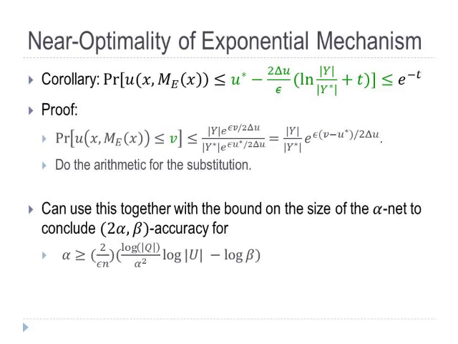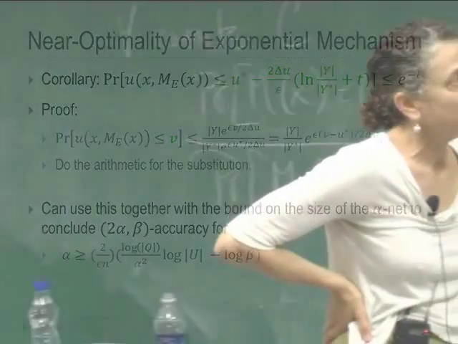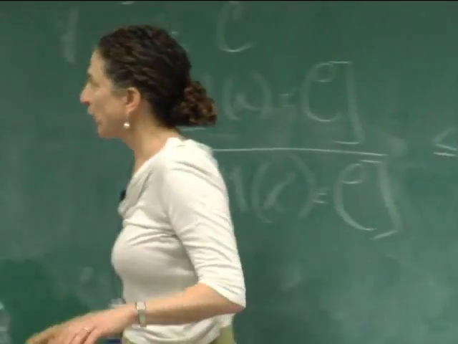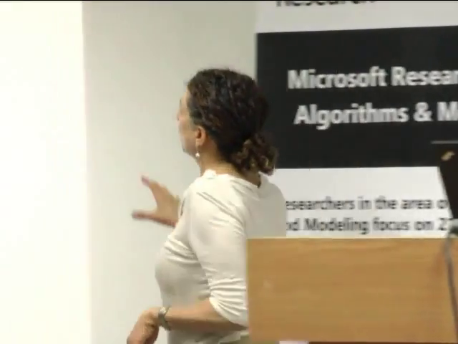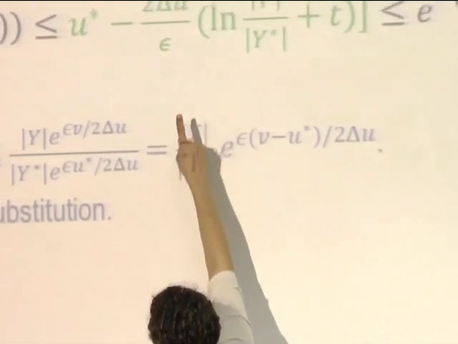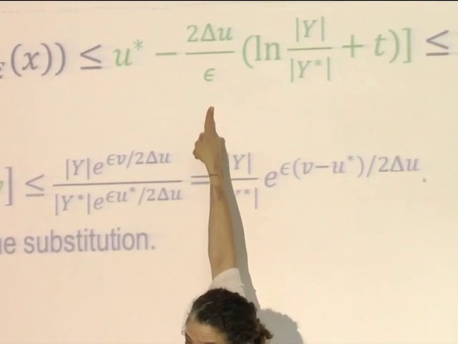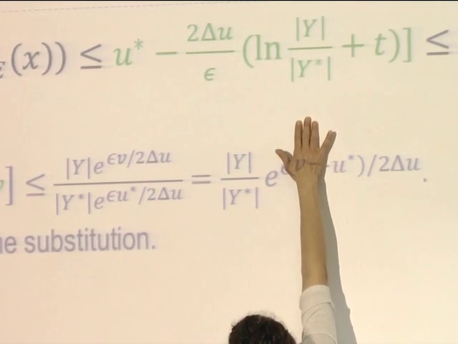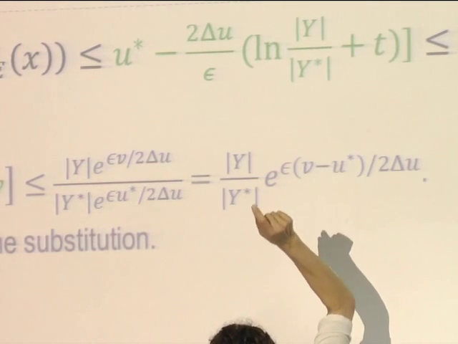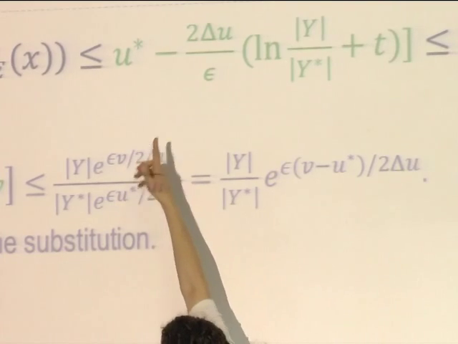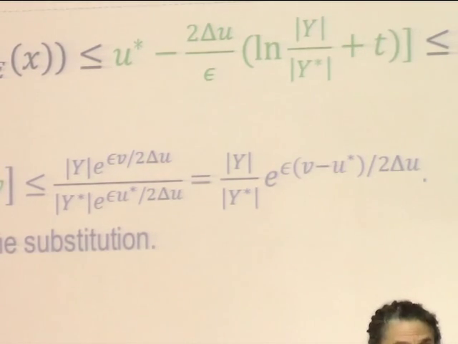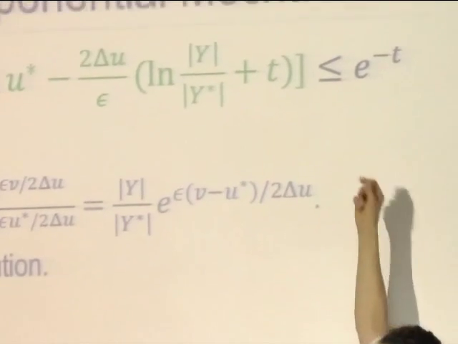And an immediate corollary will be this statement. It says that for this messy-looking expression over here, this stuff all comes from the privacy. And this you saw over |Y star|. So what it's saying is the probability that you're going to be from here to here away from optimal is bounded by e to the minus t.